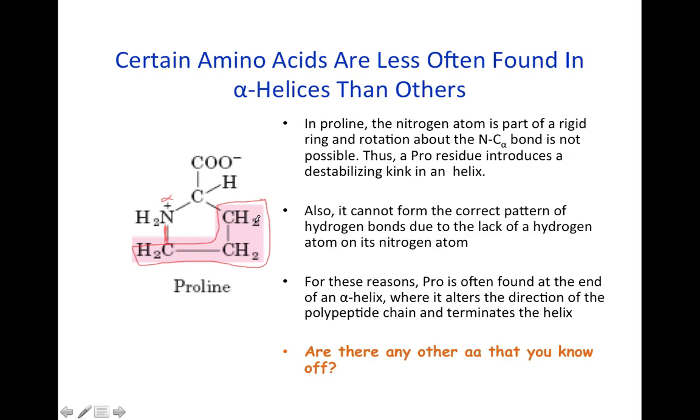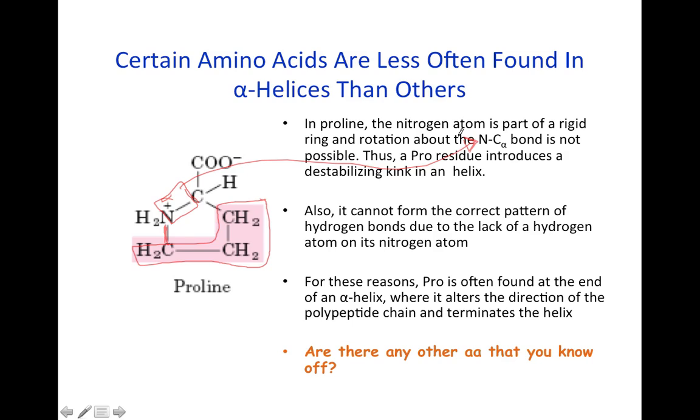And that gives proline some special properties. Now let's read here. In proline, the nitrogen atom is part of a rigid ring, and rotation about the nitrogen alpha carbon bond is not possible. So this nitrogen alpha carbon bond that they're talking about will be this bond here. That bond there is what we call the nitrogen carbon alpha bond.